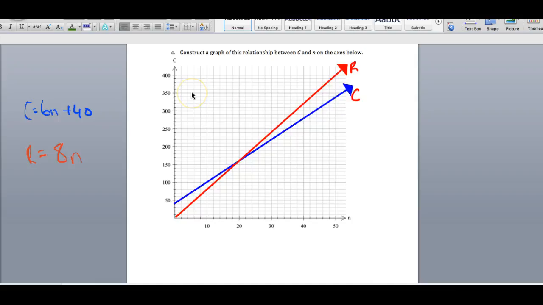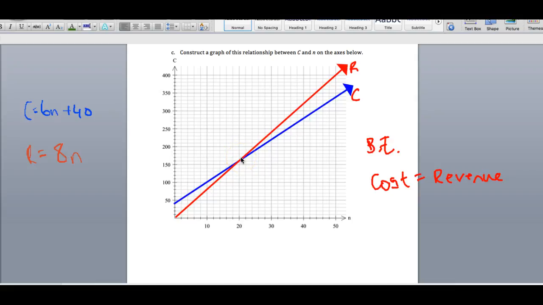All right, so the very last question said, what is the break-even point? Break-even is when your cost equals your revenue. So basically, if you ever own a business, you want to at least break even, because up until this break-even point here on our graph, we're making a loss.